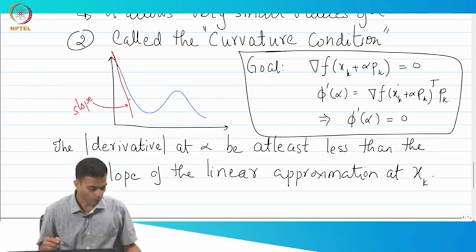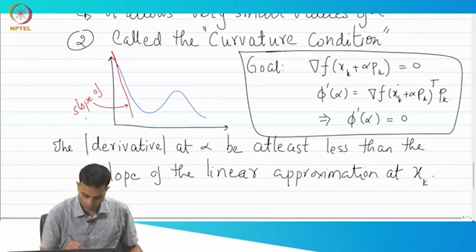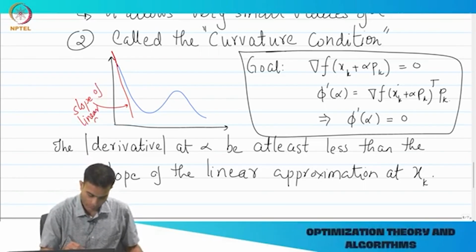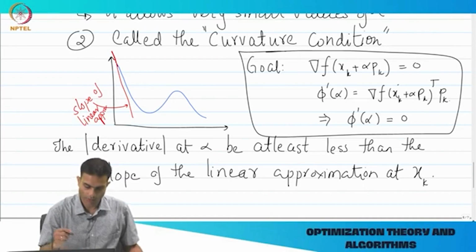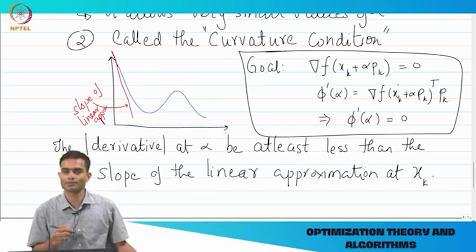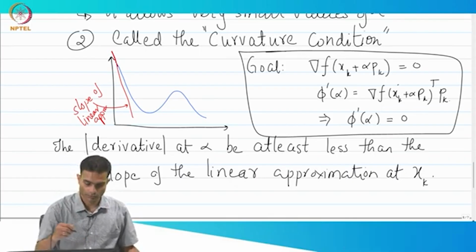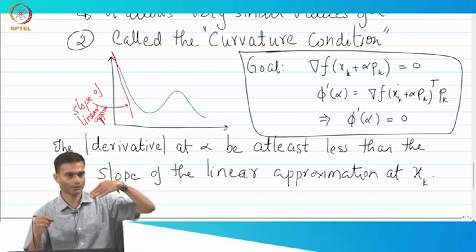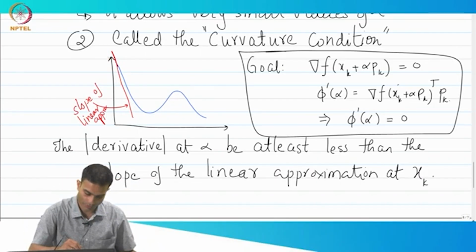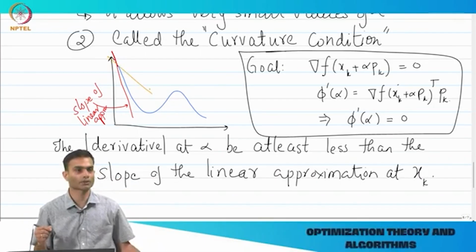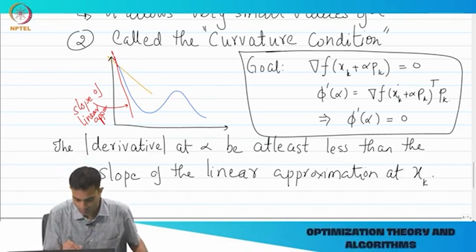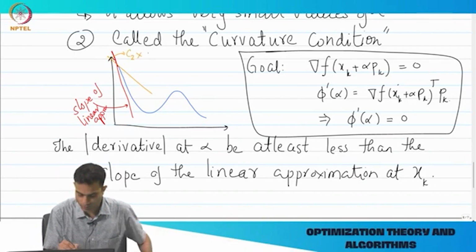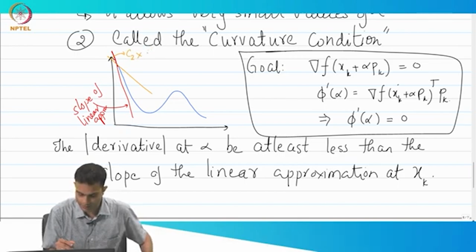Now, supposing I say, okay, C2 times this slope, which way should I draw this slope now? Shallower, right? So for example, this could be C2 times the slope. So we'll call this C2 into slope, let's say linear approximation slope.